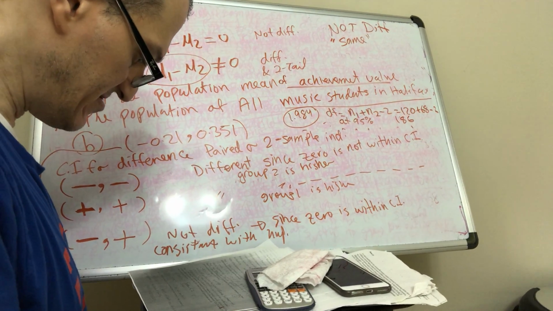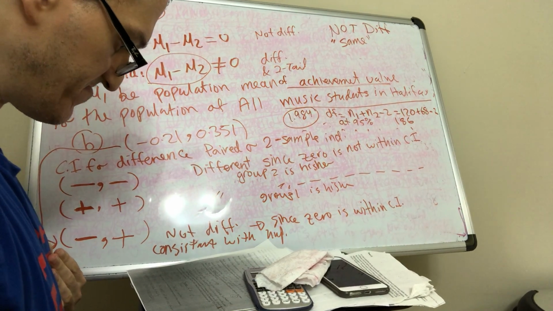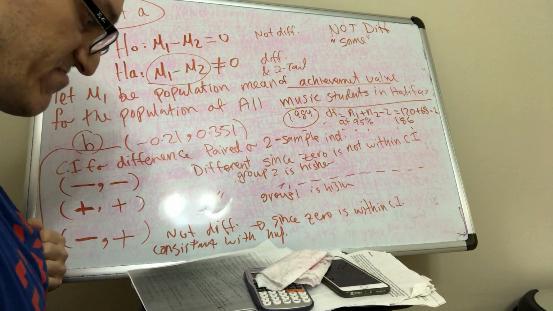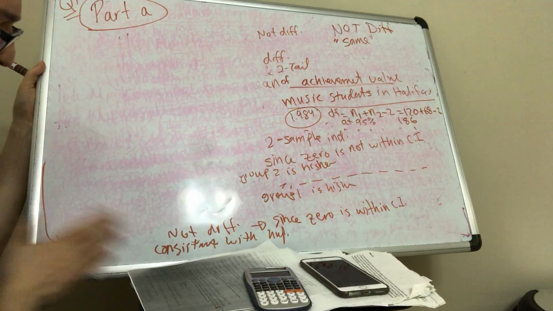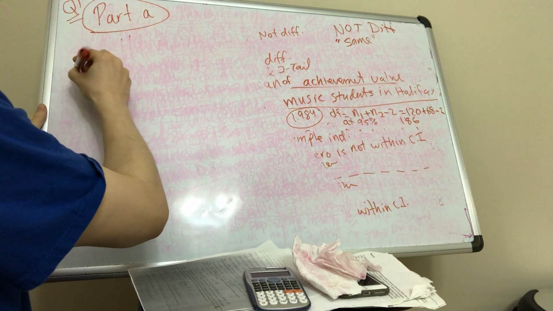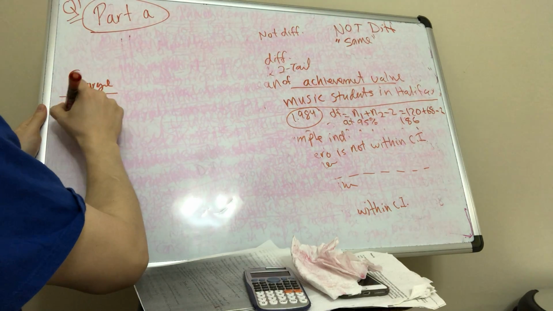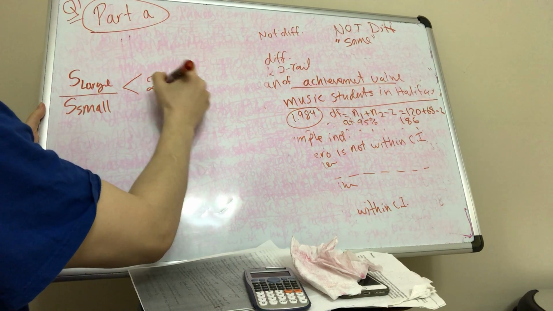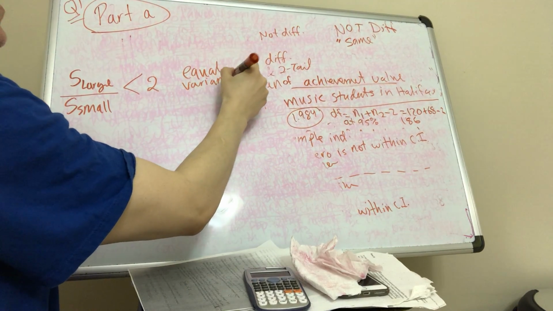Then in part C, they tell you we used an unpooled two-sample T procedure. Could we have actually pooled the information? It's the idea of can you pool versus can you not pool. This is what we go by. If you take S large over S small, and that's less than 2, then you have equal variances.